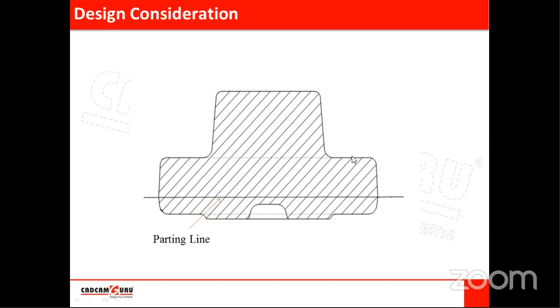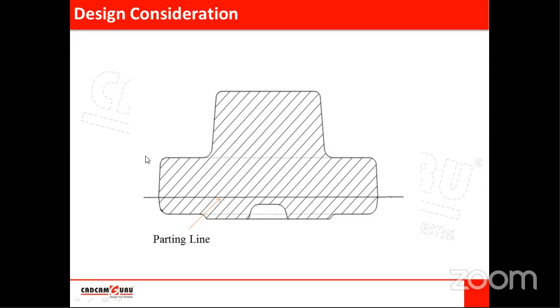This is the parting line, the location where the two dies are separated. On the upper side of the parting line, this part will be in the upper die, and this part will be in the lower die. In the lower die, this will be the cavity only.